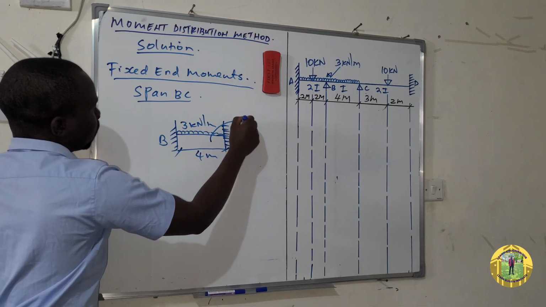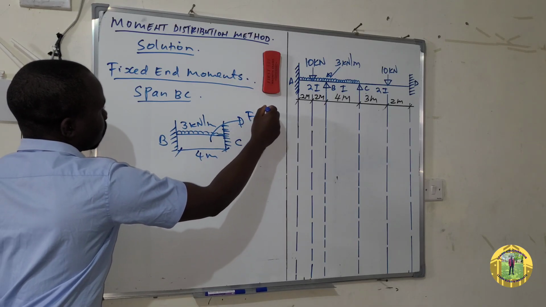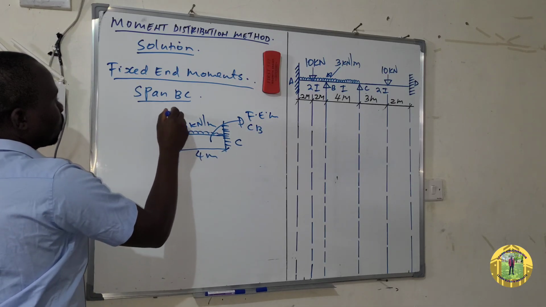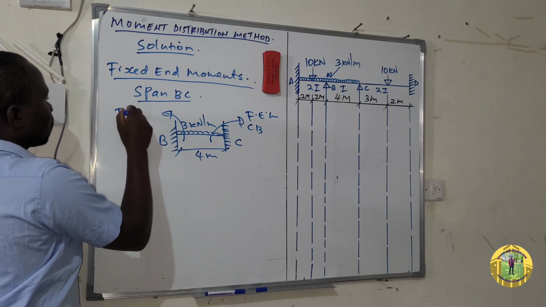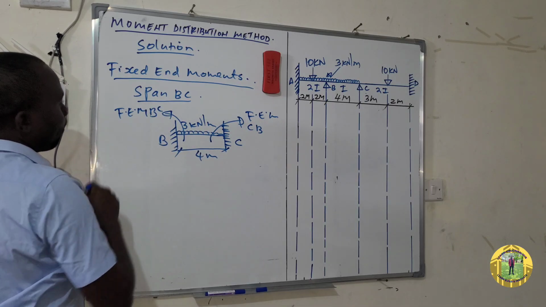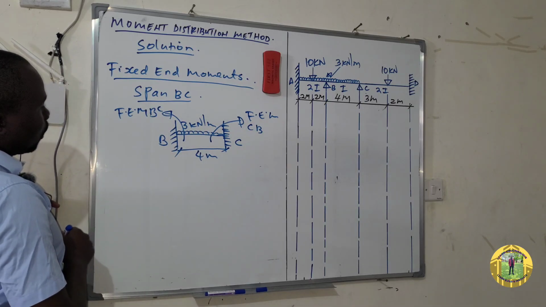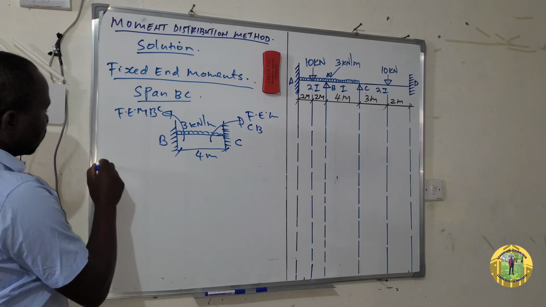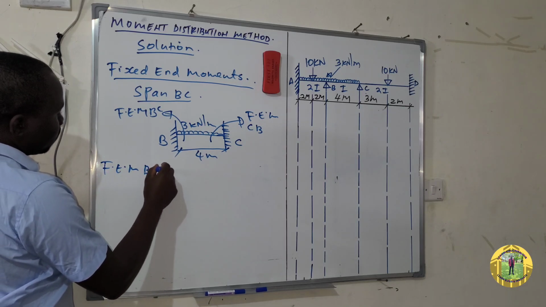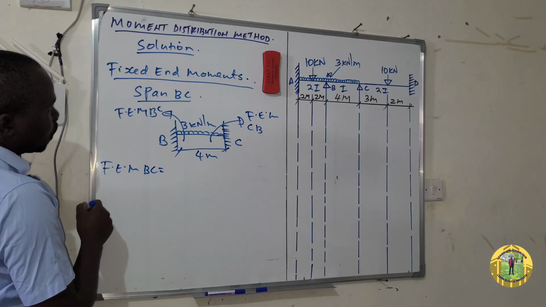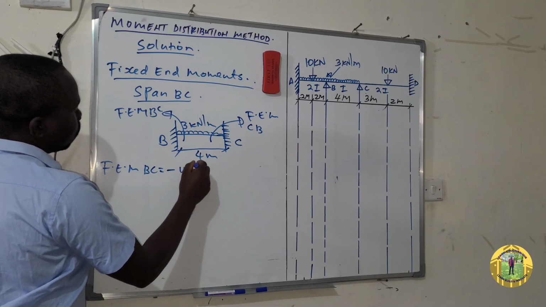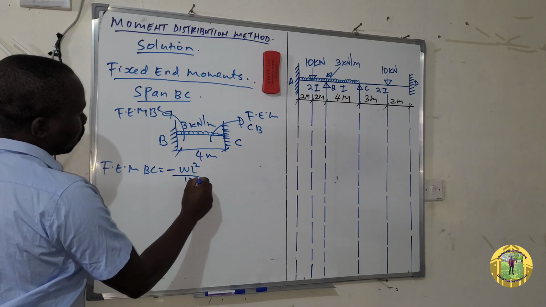So this will be fixed end moment CB, and this one will be fixed end moment BC. So we'll start by fixed end moment BC, which will be in the anti-clockwise direction. So the formula will be minus WL square all over 12.